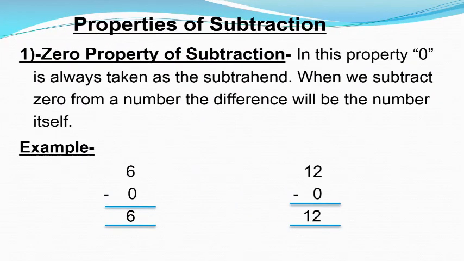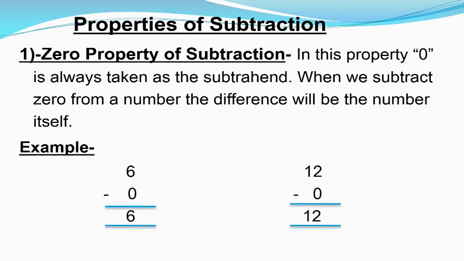Let us revise the properties of subtraction. There are three properties of subtraction. First is zero property of subtraction. In this property, 0 is always taken as the subtrahend. When we subtract 0 from a number, the difference will be the number itself.